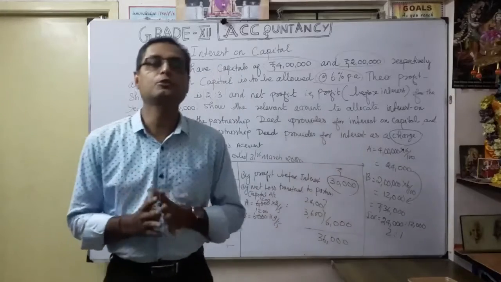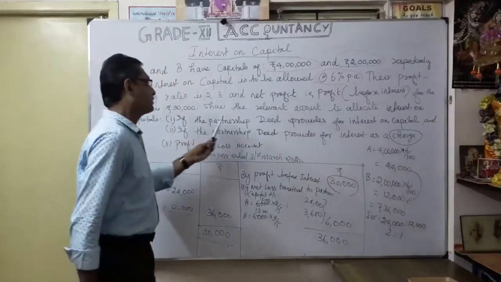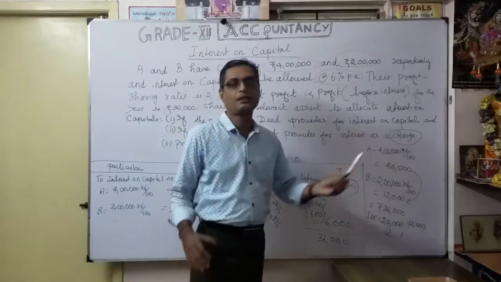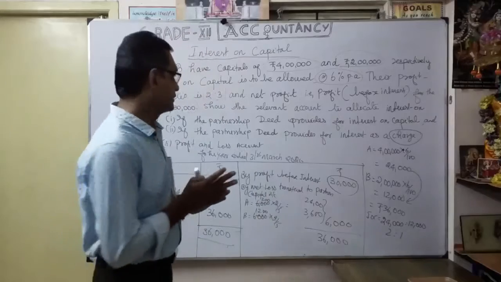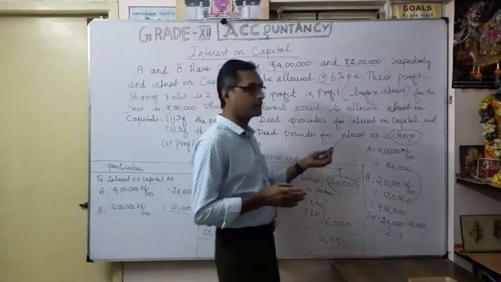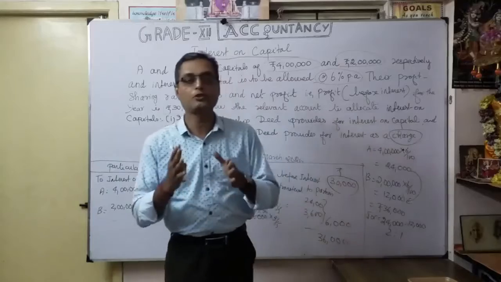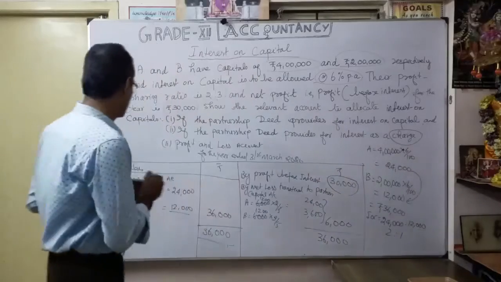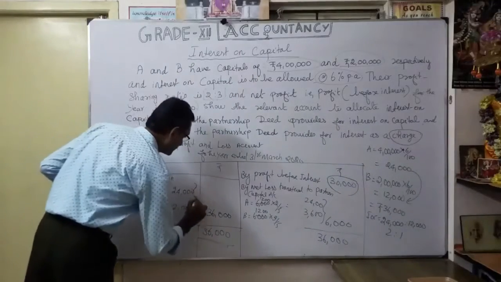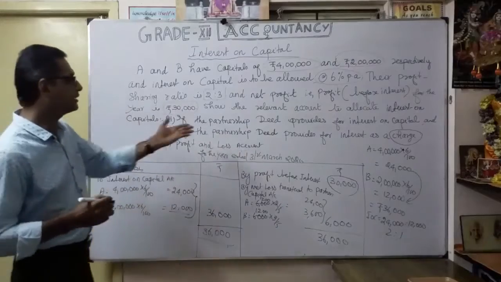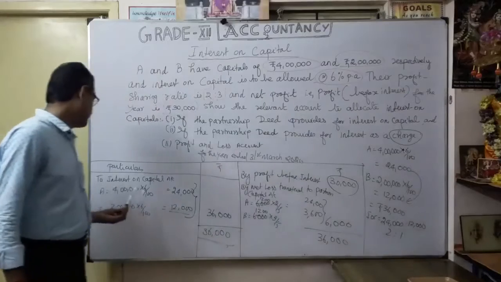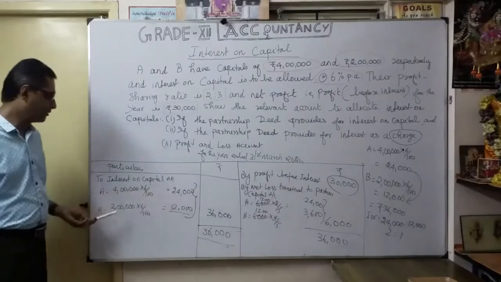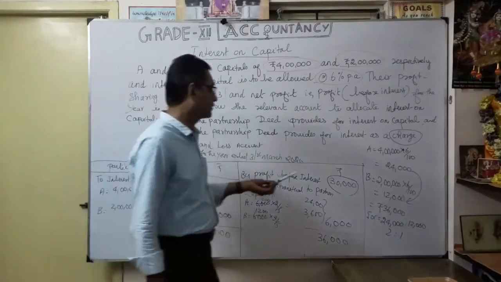So you should know whether the partnership deed provides for interest on capital; then you show it in the appropriation account. If the partnership deed provides for interest as a charge, you show it in the profit and loss account itself, fully. In the earlier case, you were unable to show all 36,000; A would get 20,000 and B only 10,000 because of the available profit.